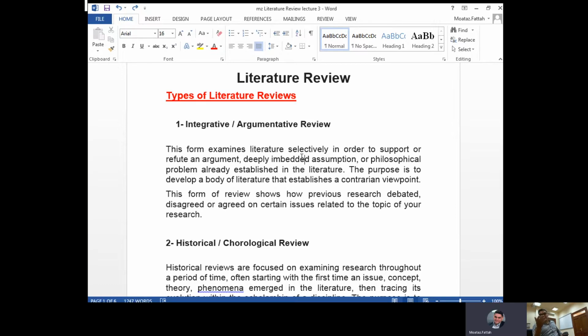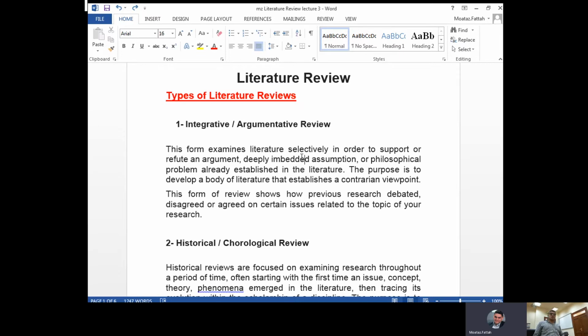In other words, you'll be collecting data, analyzing them, or you will be making use of data that already exists that we call secondary sources, and so on. But here, the main mission of the literature review is to establish for us what has been almost like an agreed upon conclusion in the literature.